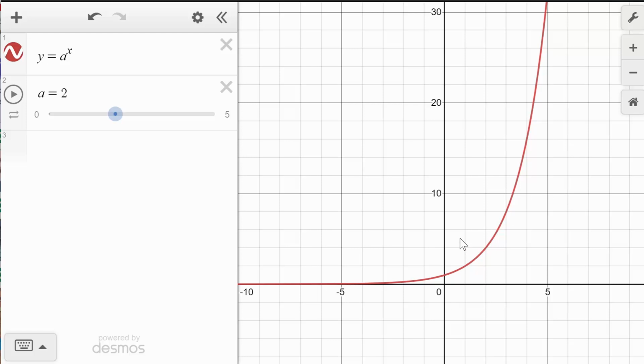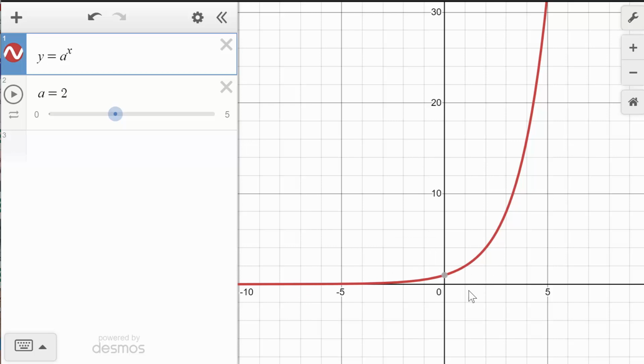Note, if you look at the scale here, that it goes through 0, 1, and note that the negative x-axis is an asymptote. If I zoom in here, you'll see that the red curve is always above the axis, but no matter how far we go out, it will never reach it, and that's what's meant by an asymptote.